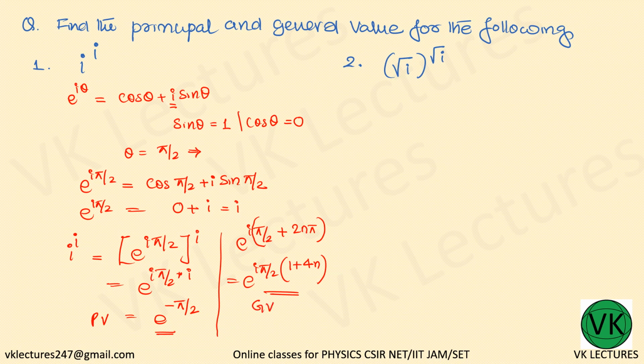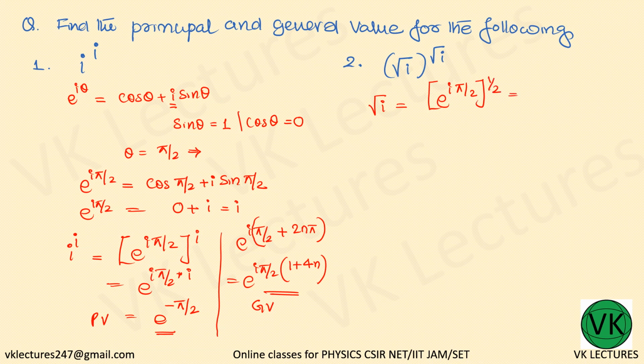Now coming to the second question, root i to the power root i. Root of i can be written as, we have already seen what i is, e to the power i pi by 2. So root i will be equal to e to the power i pi by 2 whole to the power 1 by 2.